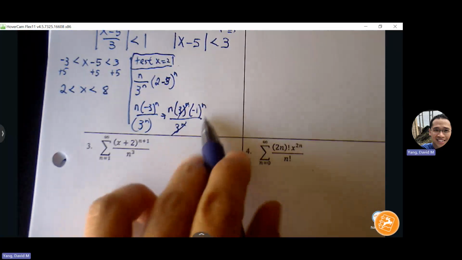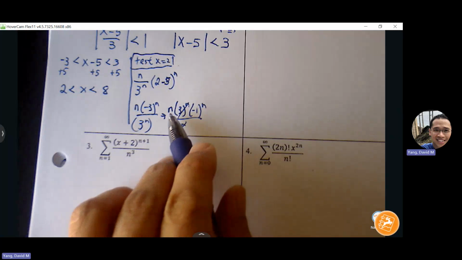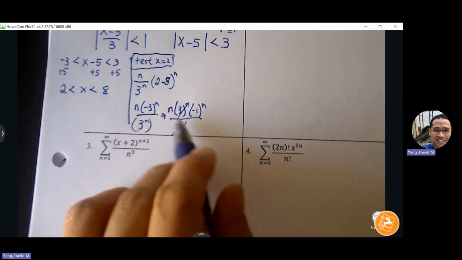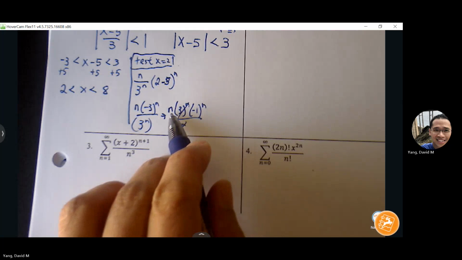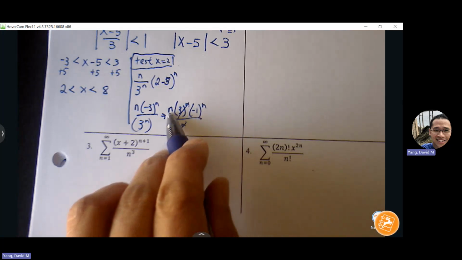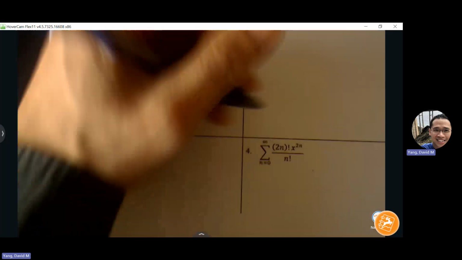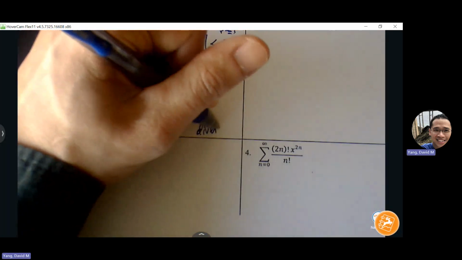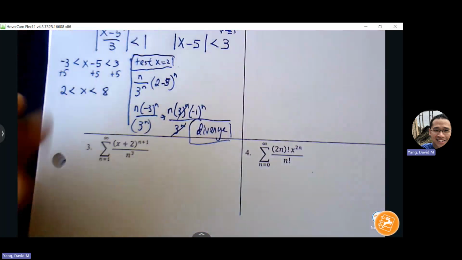Will this converge or diverge? Diverge, right? It's not like 1 over n where it's going to go to 0. That n is going to keep increasing up to infinity. This is an alternating series, but my condition doesn't approach zero, so my limit doesn't go to zero, and this diverges. So we know we don't have to keep this one in our interval.